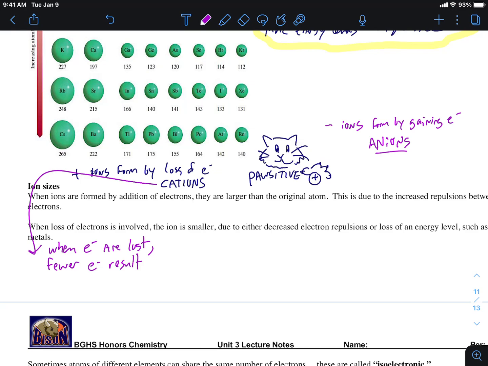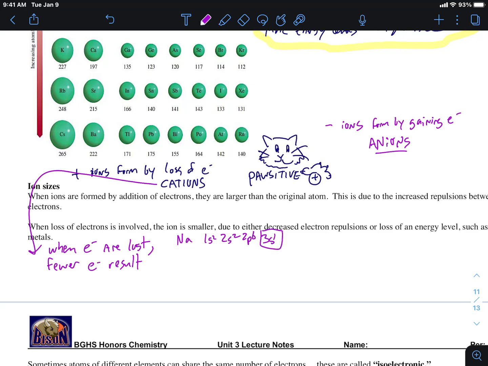So this can do one of two things. You could be something like sodium, for example, and sodium is 1s2, 2s2, 2p6, 3s1. If I asked you how many valence electrons does sodium have, what would you say? Just 1.